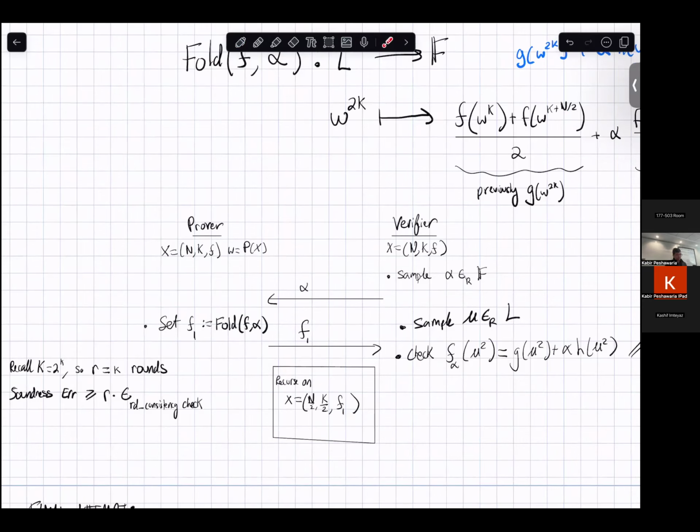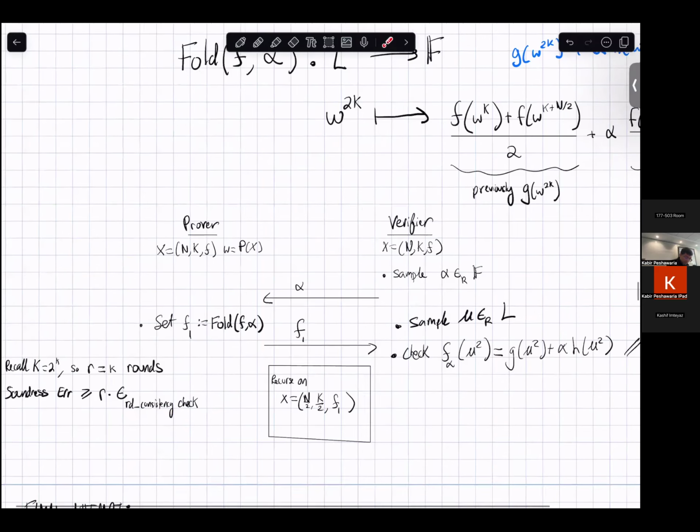Okay, so there's a small weird subtlety here. I don't think I've even fully wrapped my head around this, but I'll say it anyways. The soundness error of this protocol is going to be at least r times the soundness error of any round consistency check.